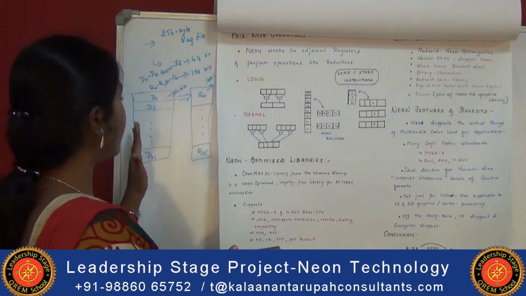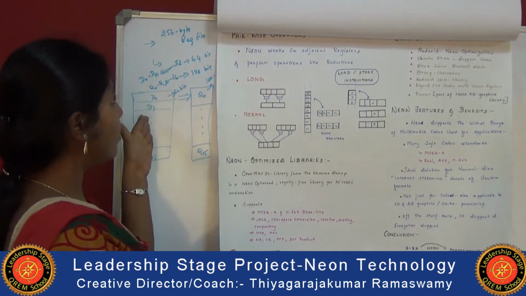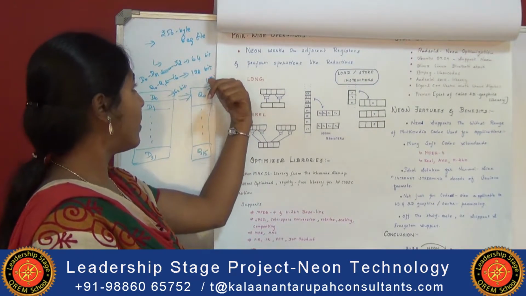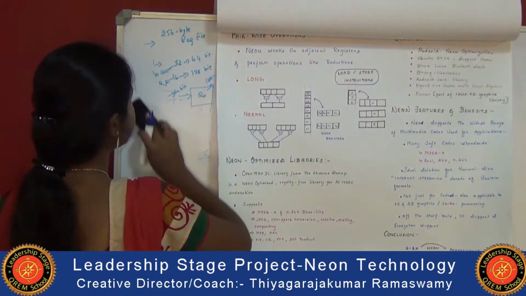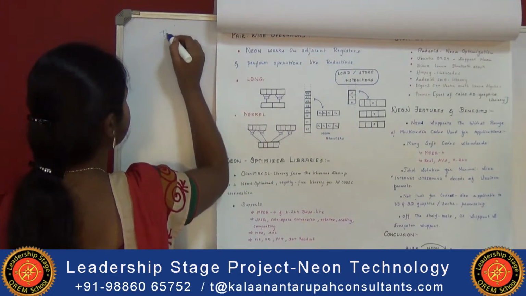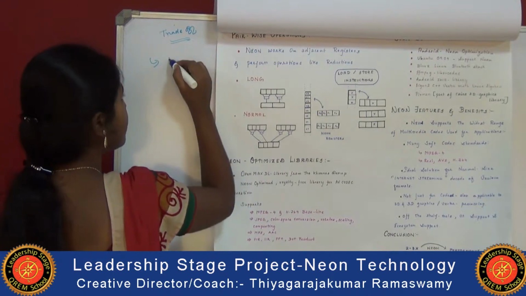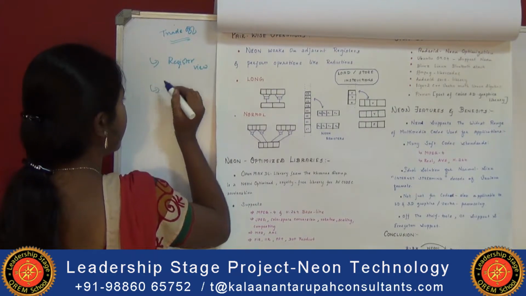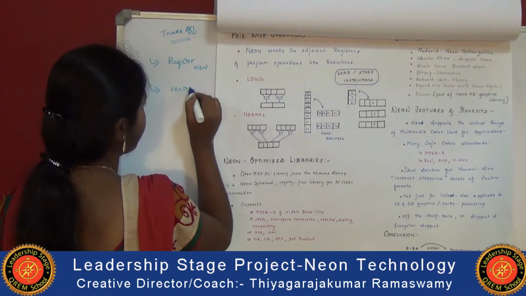So two different ways can be used to access this NEON register. One is with 32 registers and another one is with 16 registers. When we go for 32, it will be 64-bit wide, and when we go for 16, it will be 128-bit wide. This supports the NEON coprocessor register, and this register also enables register trade-off. Trade-off in the sense that different register views are also possible. Register views can also be different, and the vector length can also be varied here.